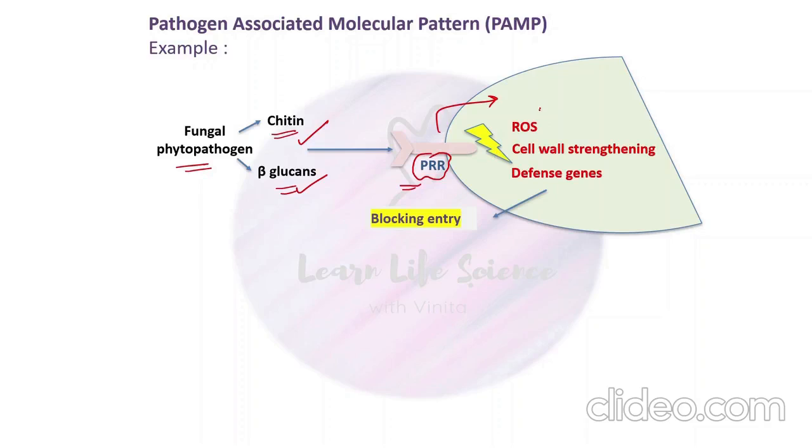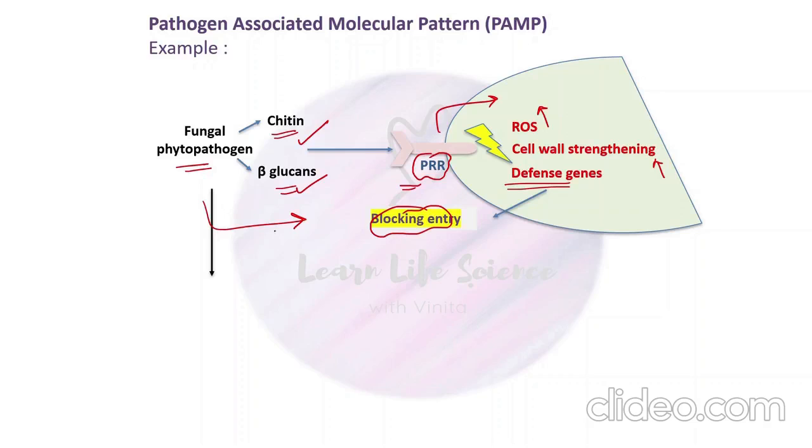For example, there is rapid accumulation of ROS, simultaneous cell wall strengthening, as well as induction of defense genes which are responsible for defending the plant system by blocking the entry of the fungal phytopathogen.